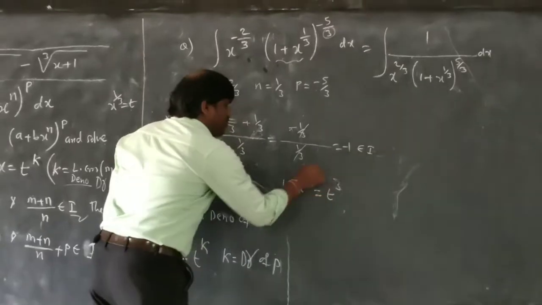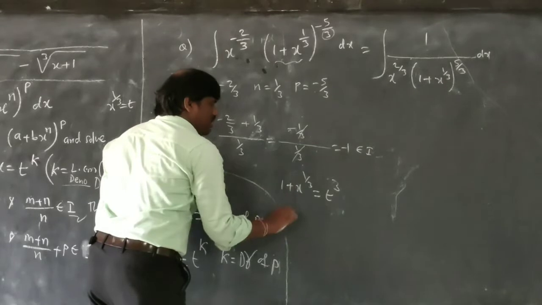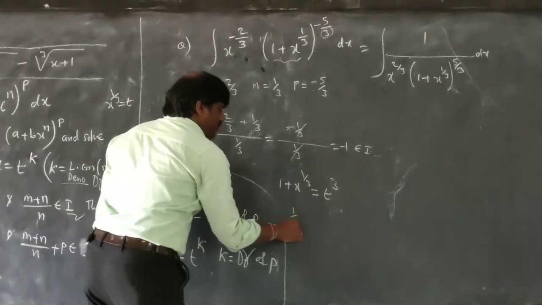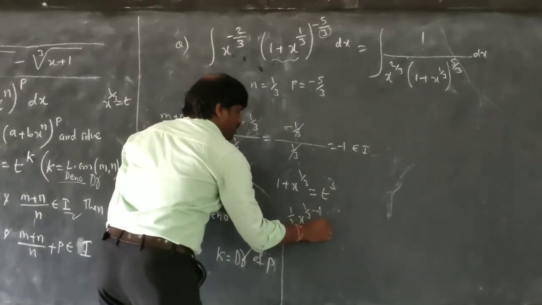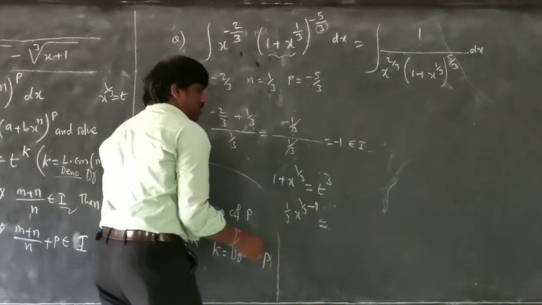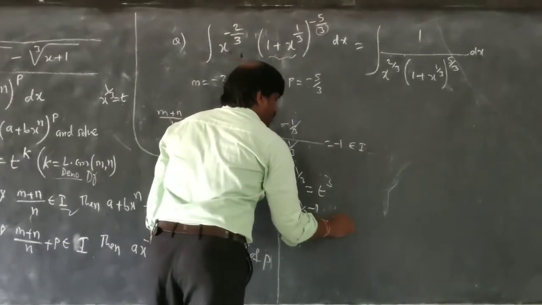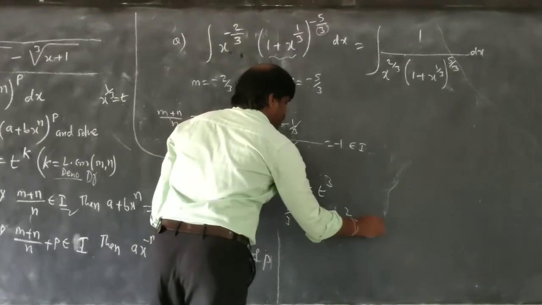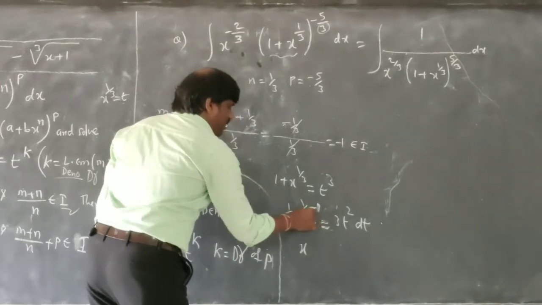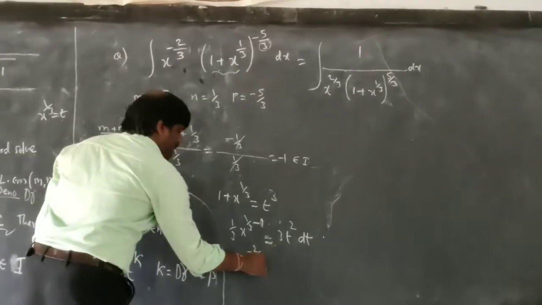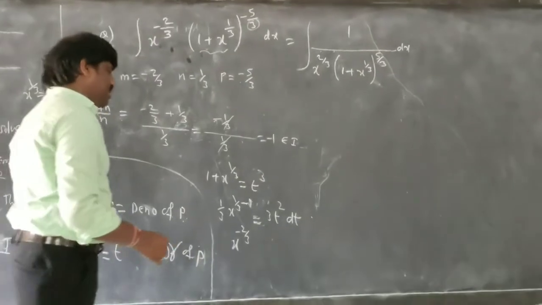Now you can differentiate this one. What is the differentiation of 1? 0. Differentiation of this is 1 by 3 x power 1 by 3 minus 1, is equal to 3t square dt. What I am getting here is x power, 1 by 3 minus 1, that is minus 2 by 3, x power minus 2 by 3 dx.